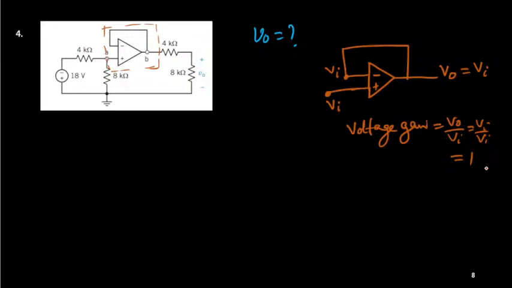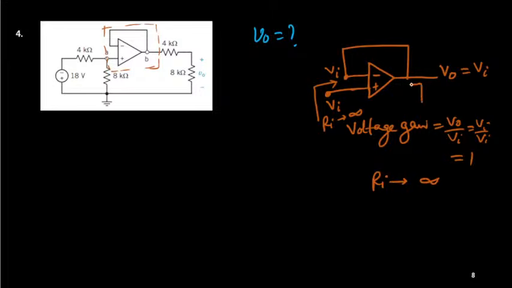But this circuit has input resistance Ri infinite, because no current can go through this side. So resistance is infinity. So this device will have input resistance infinity.